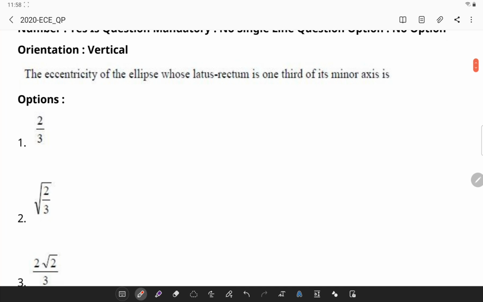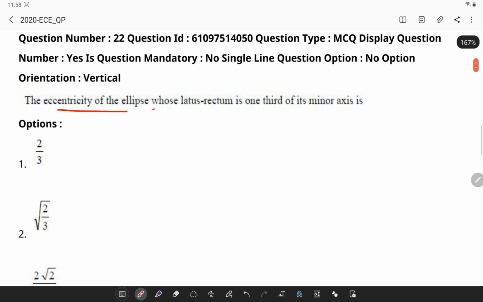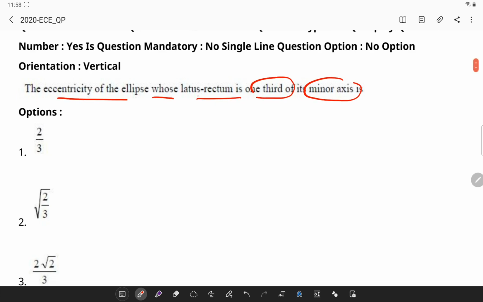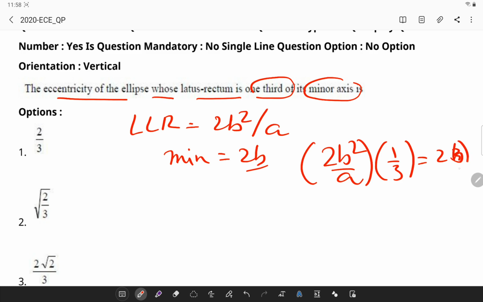So the next question. Here, the eccentricity of an ellipse whose latus rectum is 1/3 of its minor axis. So the length of latus rectum is 2b square by a, and the minor axis is 2b. It is given that the length of the latus rectum is 1/3 the minor axis. So this is the equation of what is given. So I can calculate the things.